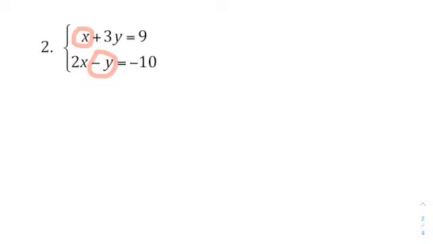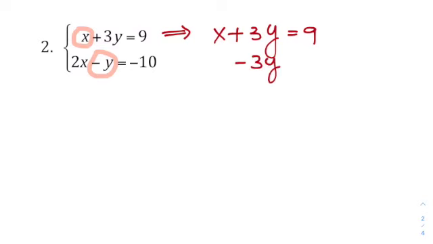So I'm going to change the x plus 3y equals 9 into just x by itself. So that is x plus 3y equals 9, and then you just subtract 3y on both sides, getting x by itself.